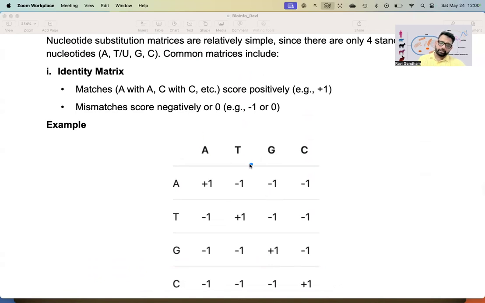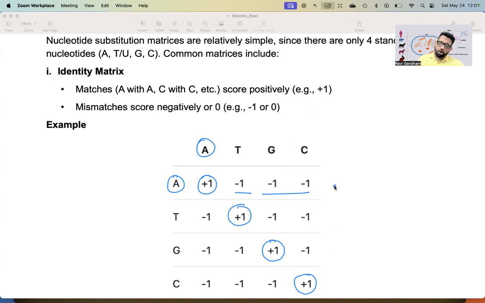See, here in this particular substitution matrix, you have A matching with A and it is given a +1. Any mismatch is given a -1. Similarly, T matching with T will be given a +1, G matching with G a +1, and C matching with C a +1.